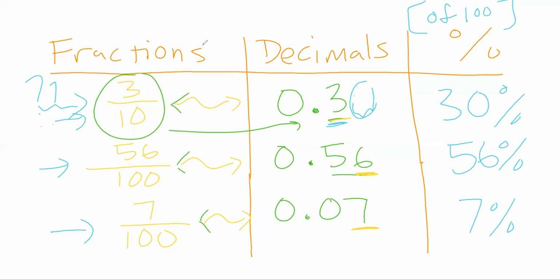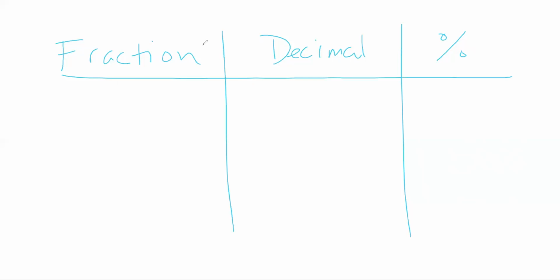I'm going to do this really quick because we only have a limited amount of time, but let's look at that one more time with some other ones. So we have a fraction, a decimal, and a percent. Let's think about what all this means. If we read it, we can write it. So let's write a fraction first. Let's say 7/10.